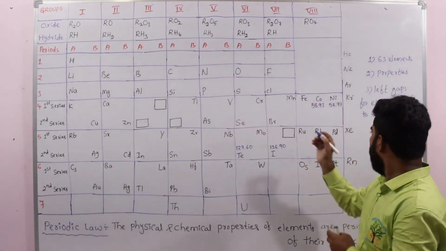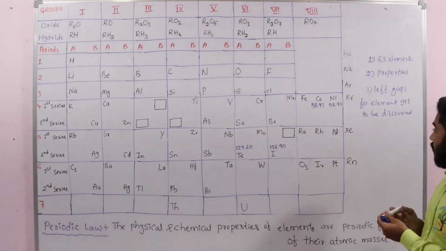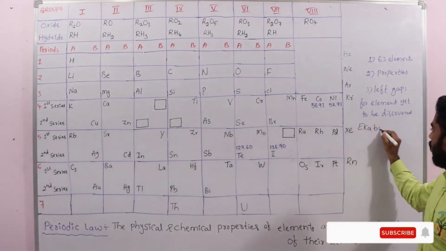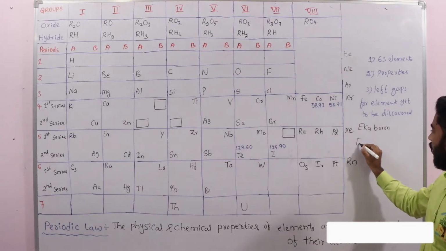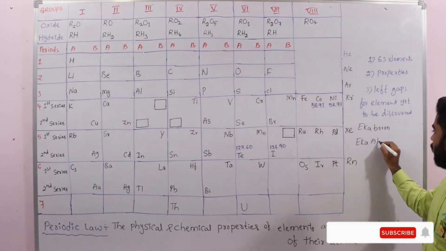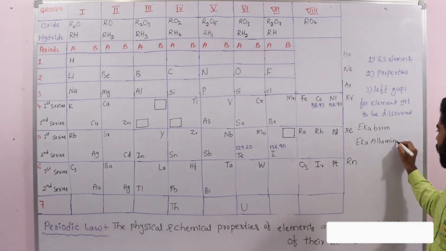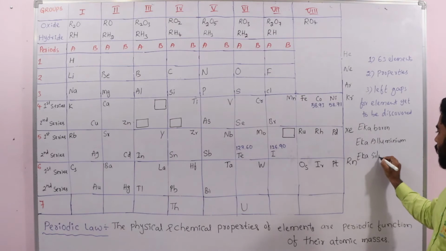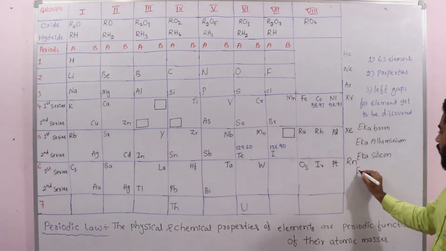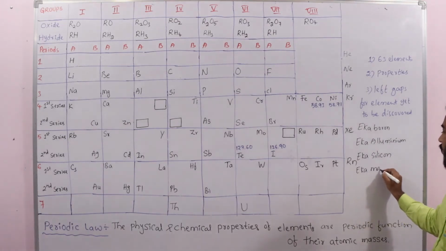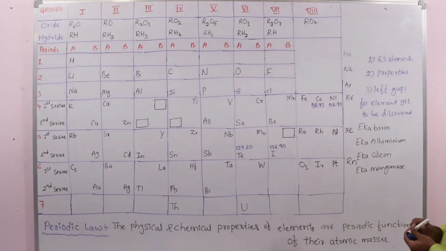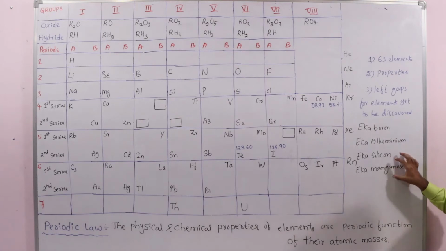Eka boron, Eka aluminium, Eka silicon and Eka manganese: these are the four names given by Mendeleev for unknown elements.